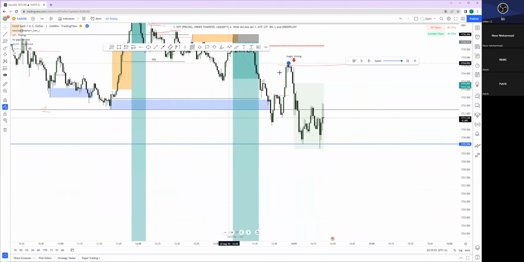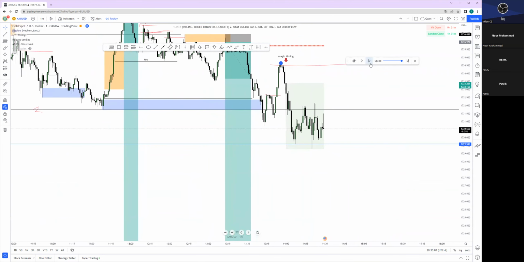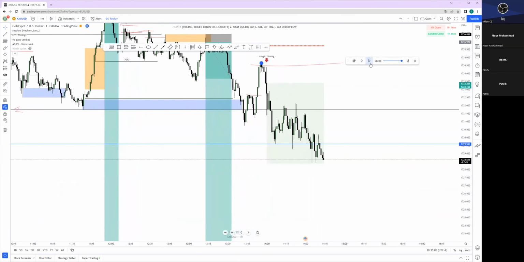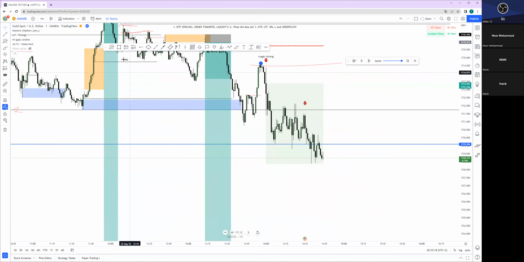Let's see what's happening. 90-minute cycle. There's no use for it now. Okay. So this is your real New York Open, which could be a trap timing again.